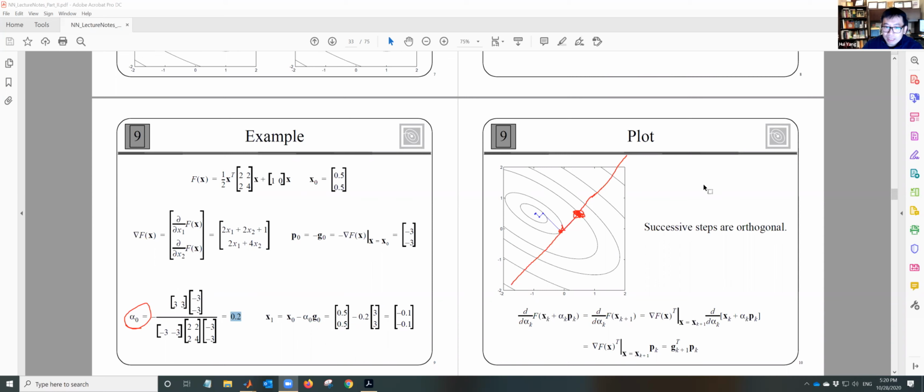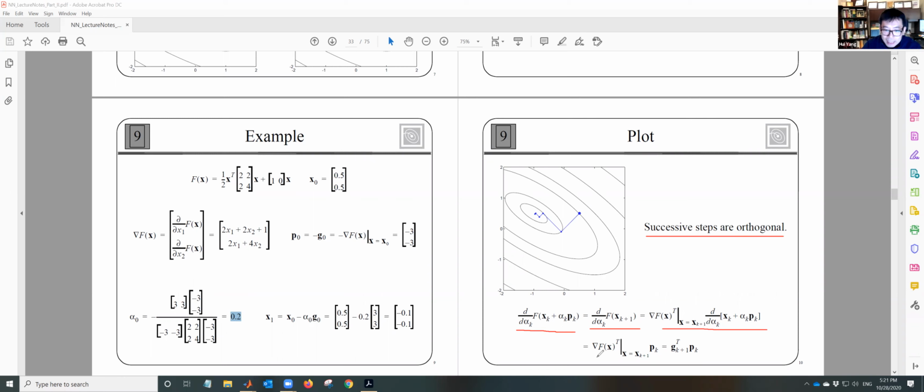So, and also at the same time, successive steps are orthogonal. You see here, successive steps are orthogonal. Why? We're going to prove it. So if you take this one with respect to d alpha k, you got this one, because this is a delta of xk d over d alpha, xk plus alpha k pk, right?